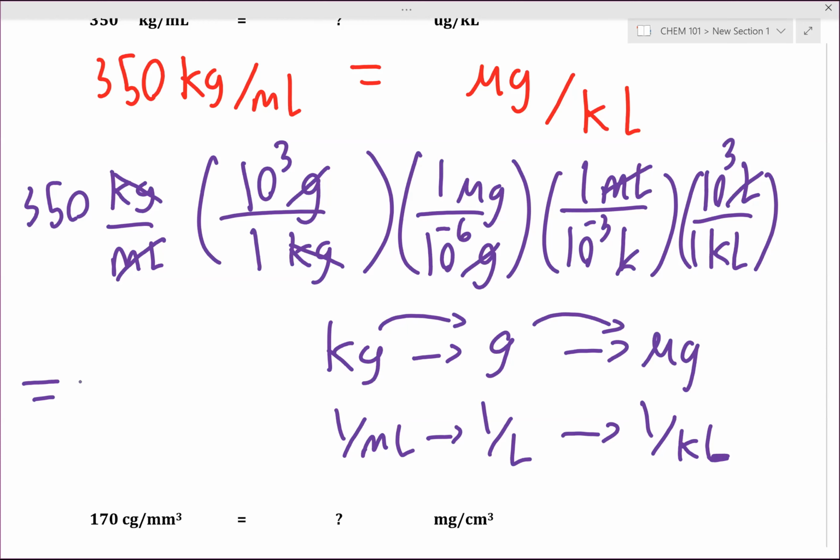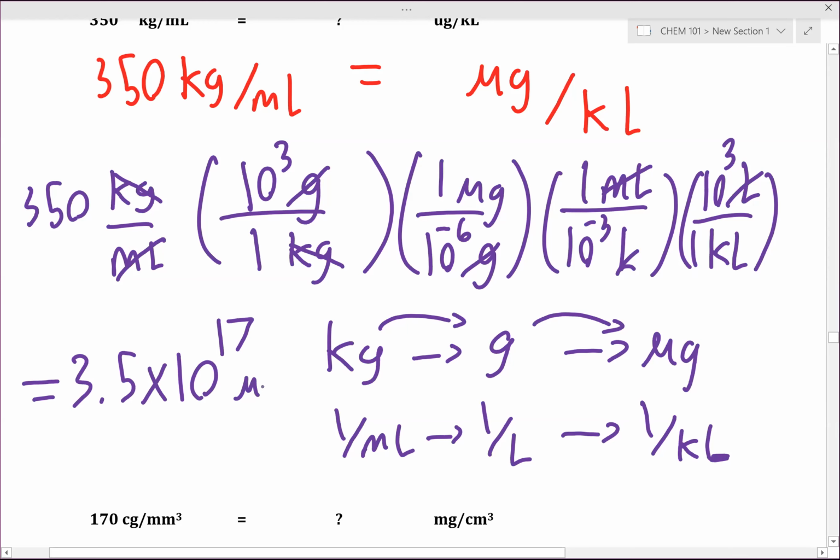Yep. Okay, perfect. So we have 3.5 times 10 to the 17. And what are our units? Don't forget the units. Microgram per kiloliter. Okay, perfect. Any questions on this?